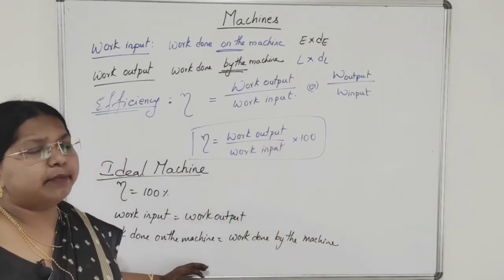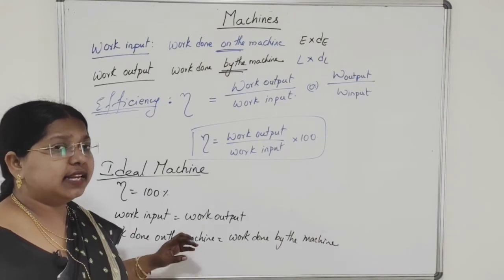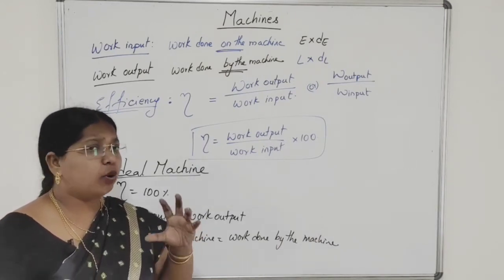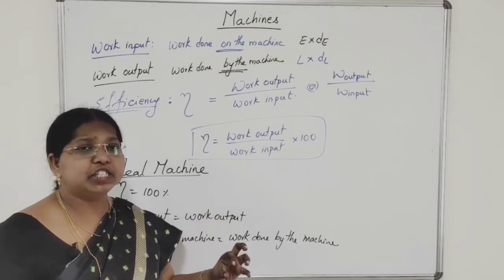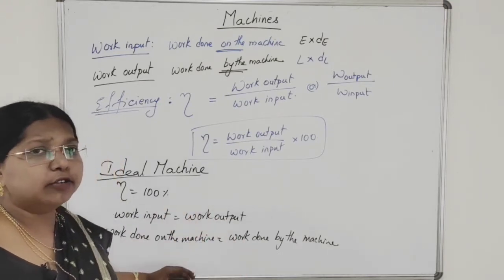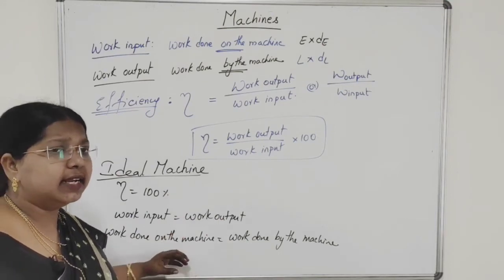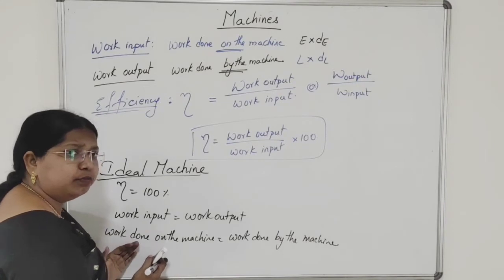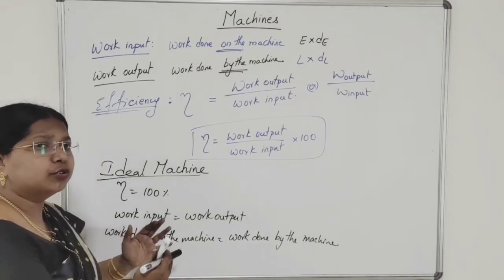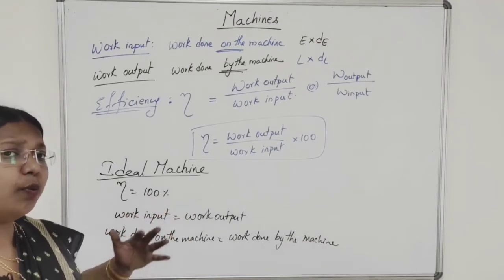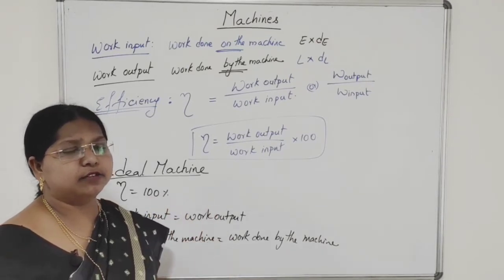But this doesn't happen, students, because there exists friction between the parts of the machine, and all the parts are not perfectly rigid, and there will be some weight for the parts of the machine. Due to that, some part of our input is used to move the parts of the machine which have some weight, and to overcome the friction between the parts of the machine.